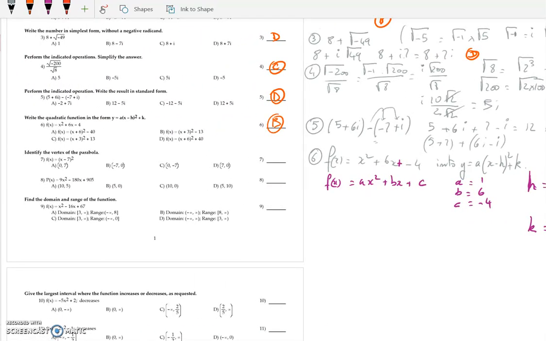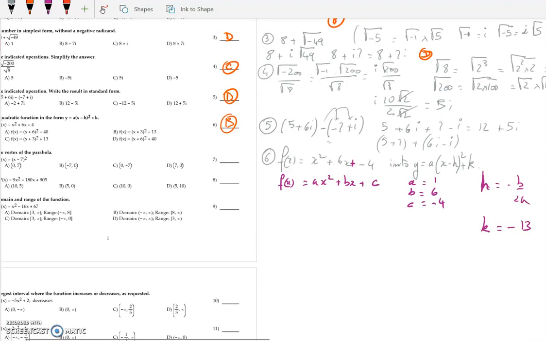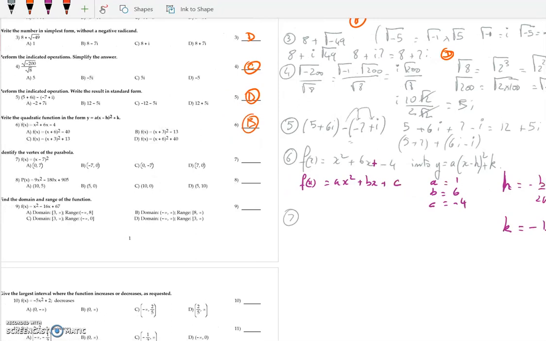Now let's take a look at question number 7. On question number 7, we have the function f of x equals (x minus 7) squared. I realize that it looks like f of x equals a times (x minus h) squared plus k.